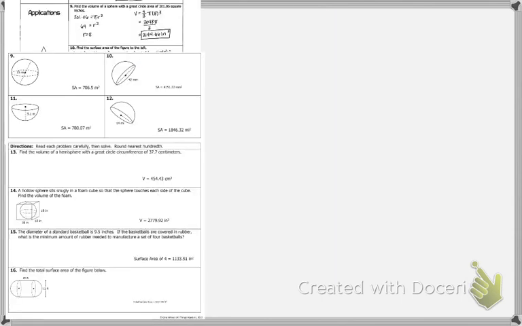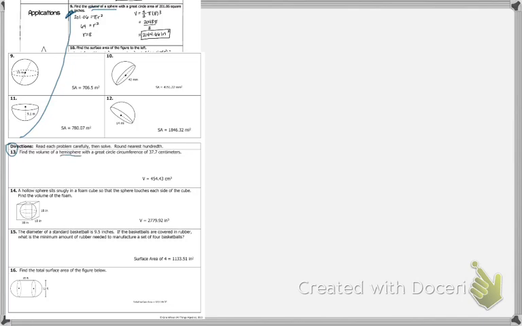Alright, we're moving on to number 13 on your homework. That's 13 right there. 13 is super similar to your notes on number 9. Notice on both of these, you have to figure out what they're asking for. What's the final question? Well, the final question is they want the volume of a sphere here. For number 13, they want the volume of a hemisphere.